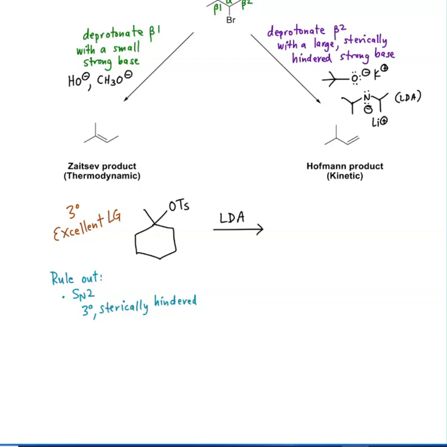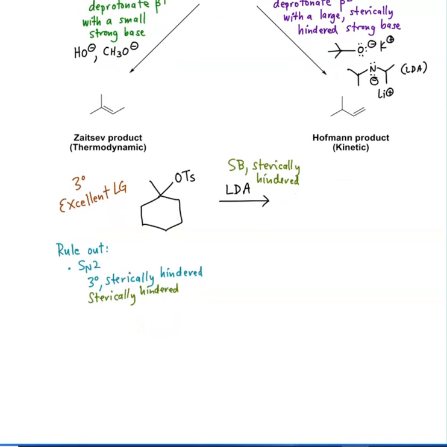Second, because the base that we're using, LDA, is a strong base that itself is sterically hindered. So we have a sterically hindered, strong base. So that moves the reaction away from a substitution and more into elimination. What else can we rule out? We can rule out E1 and SN1 because we have a strong base. So that leaves us with E2.